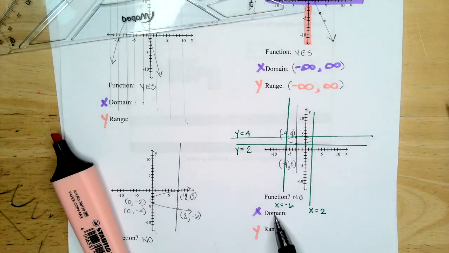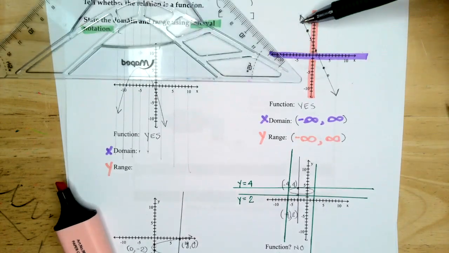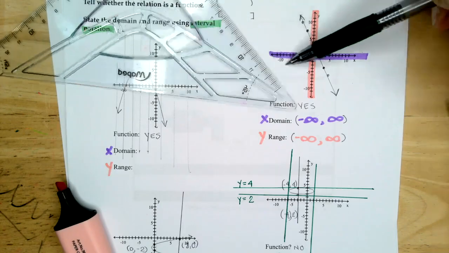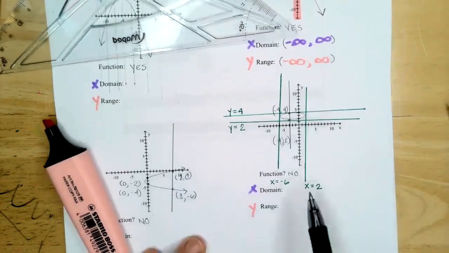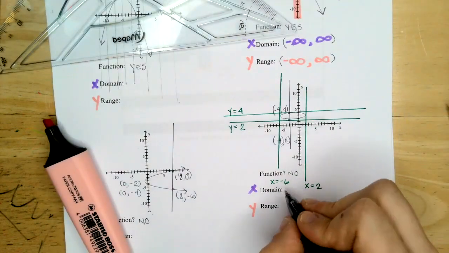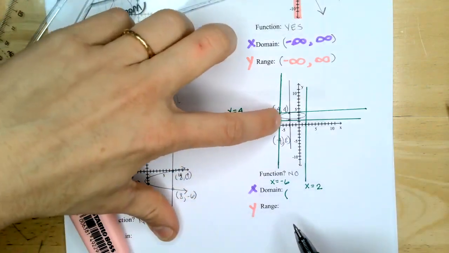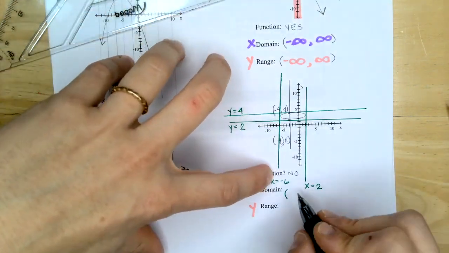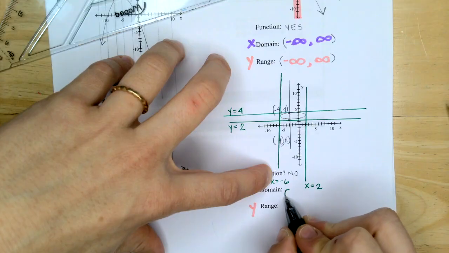So if it's arrows, up here it was arrows. So on the x-axis, it was forever in both directions, negative infinity to positive infinity. Here though, on our x-axis, from x equals negative 6, let's start with parentheses for no reason.